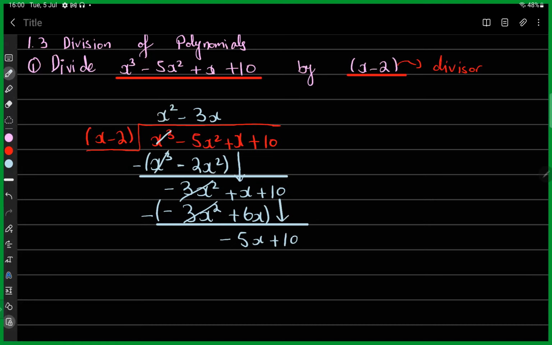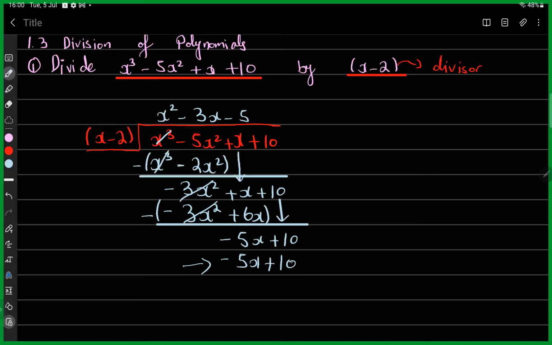Next, I need a number such that when I multiply that number by x minus 2, I get minus 5x here. So the number is going to be minus 5. And when I will multiply minus 5 by x minus 2, it would give me minus 5x plus 10.